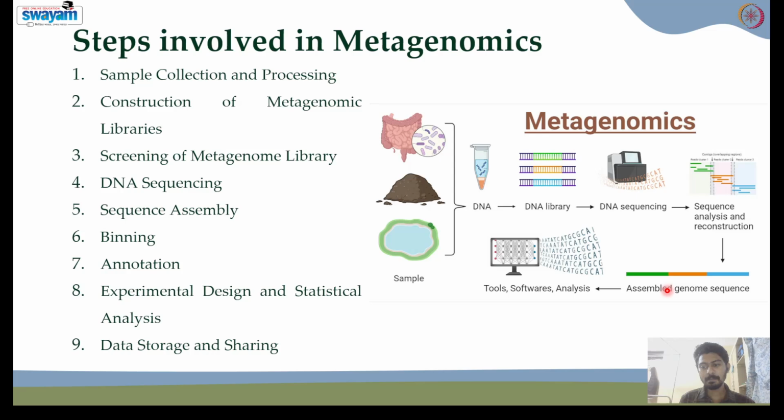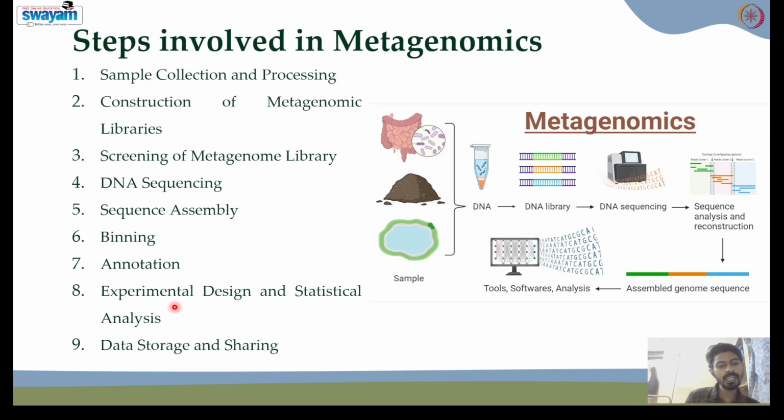So these are the assembled genome sequences. The next step is binning, where all the bits of sequenced DNA are sorted into groups that represent an individual genome. Then we assemble the genome sequence and annotate it, where the genes will be identified and their functions predicted.